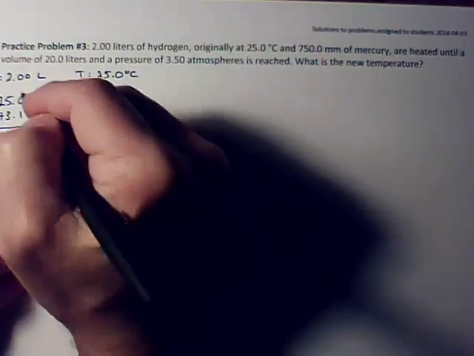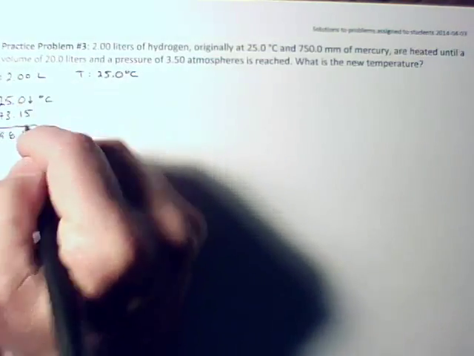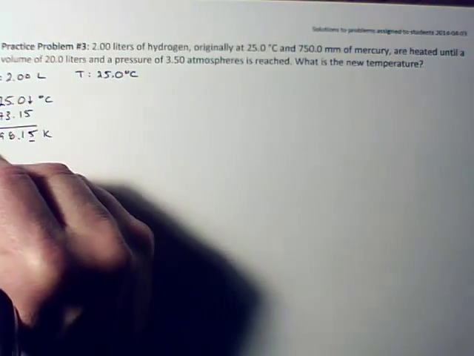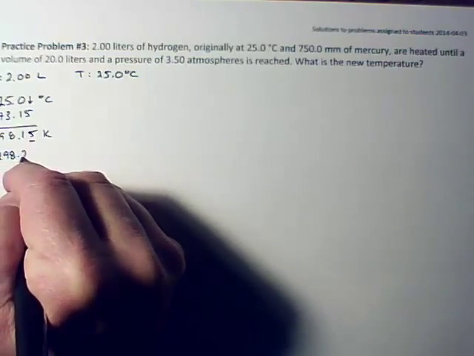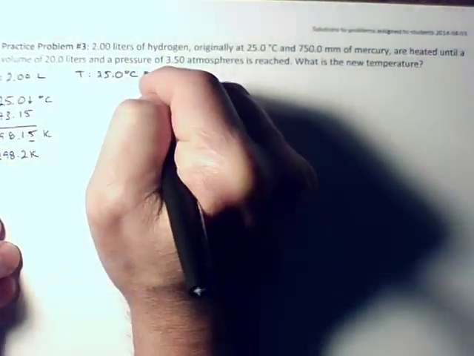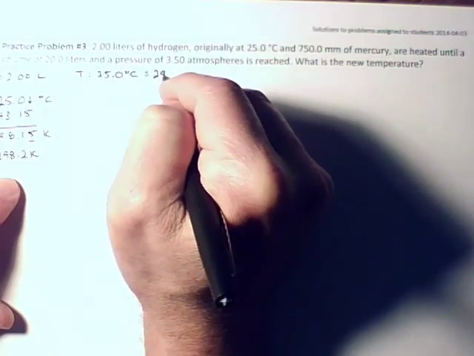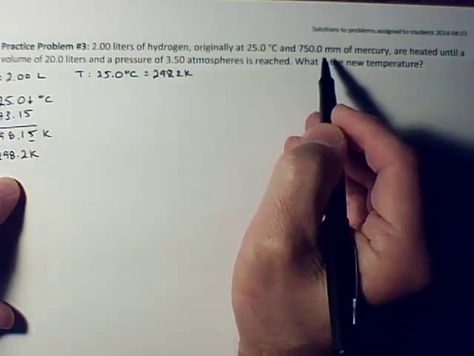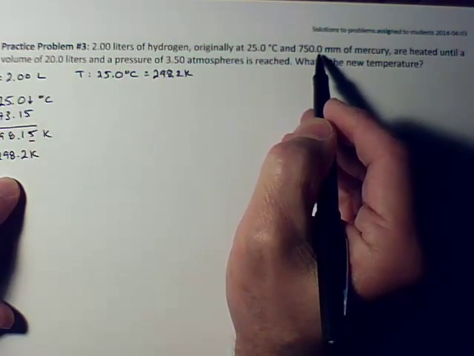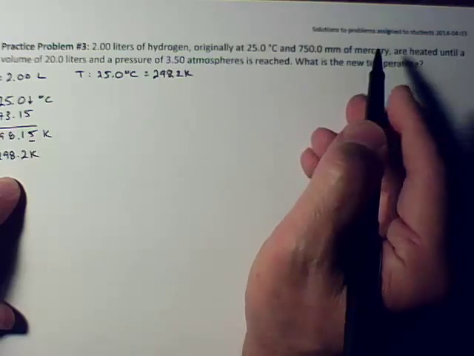Got an empty slot above the 5, got to round that off. This is the Kelvin temperature, which is going to be 298.2 Kelvin. So this is better represented as 298.2 Kelvin. We've got a pressure of 750 millimeters of mercury.